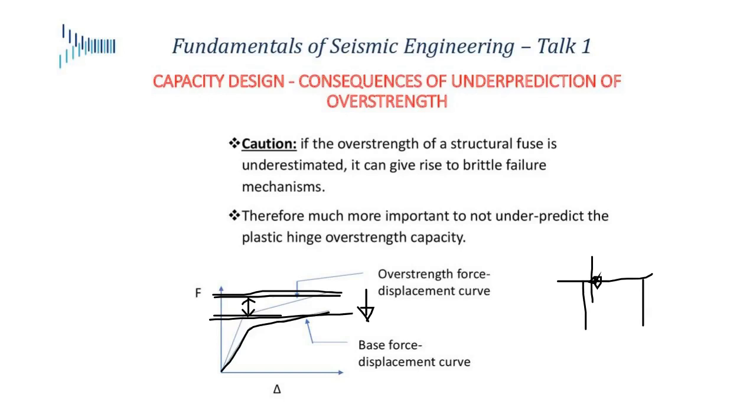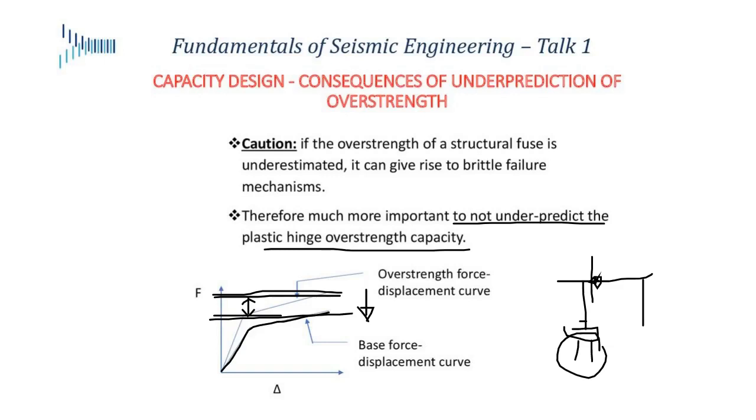It will have been detailed to stay elastic. Your footings and piles will see more force because your column is stronger, and you may not have designed these for that higher force. So what's way more important in seismic design is to not underpredict the plastic hinge overstrength capacity.